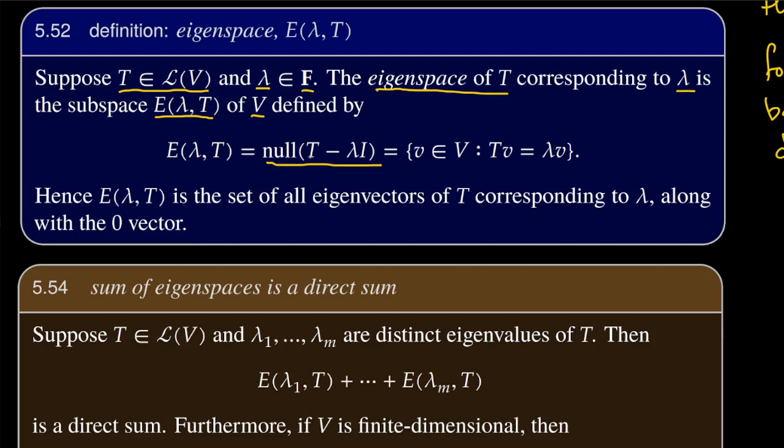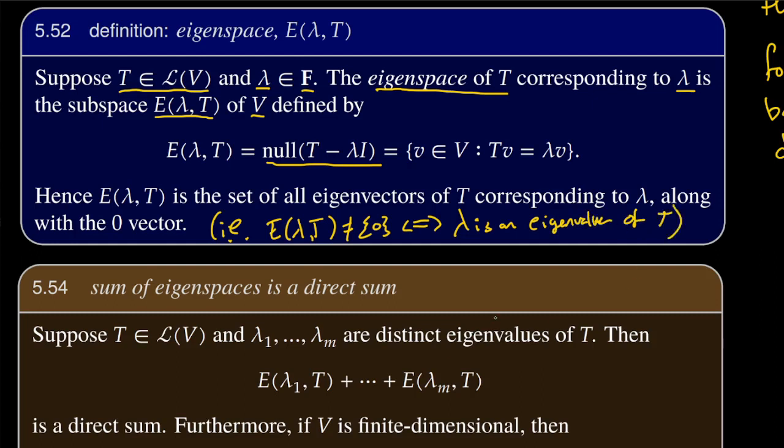We know that the null space of T minus lambda I is non-trivial precisely when lambda is an eigenvalue of T. So E(lambda, T) is not equal to 0, the trivial subspace, if and only if lambda is an eigenvalue of T.